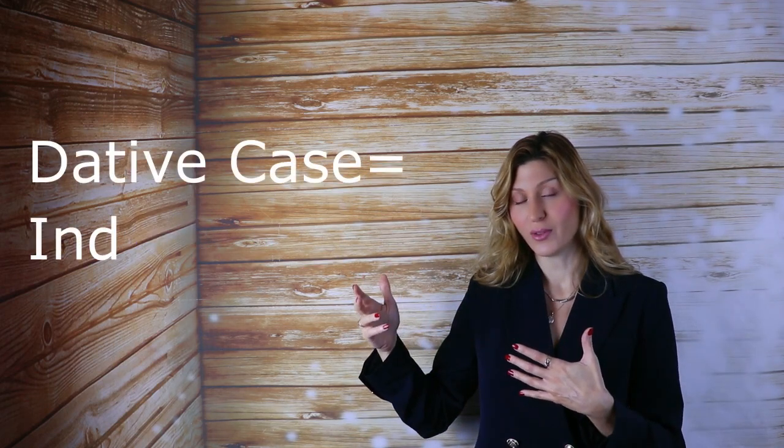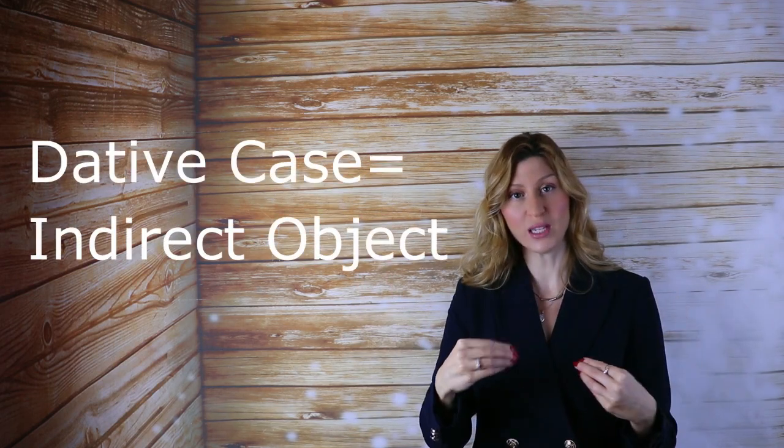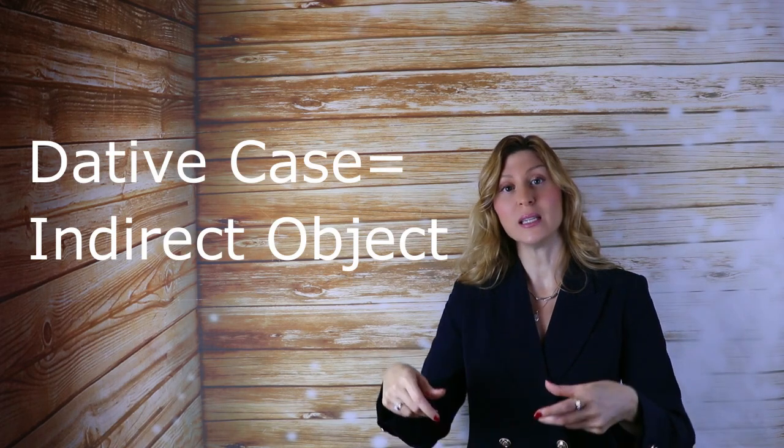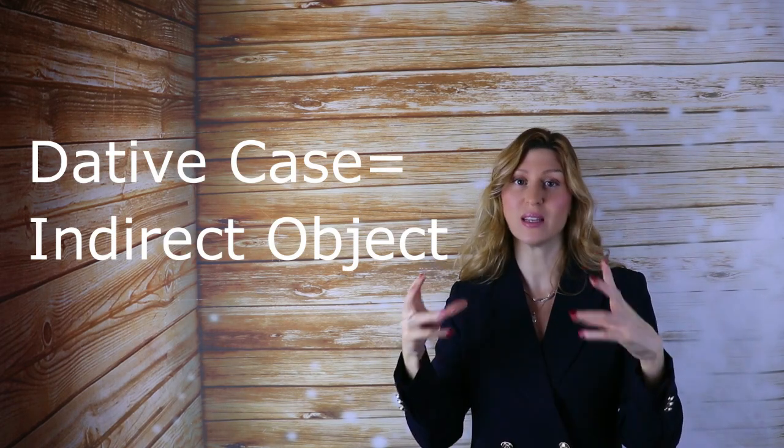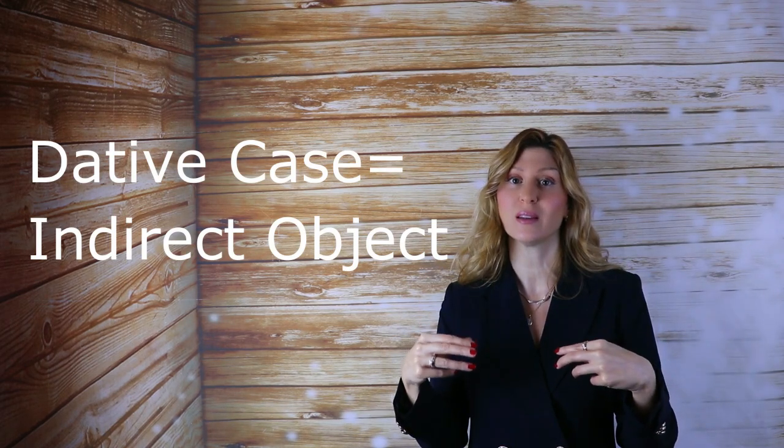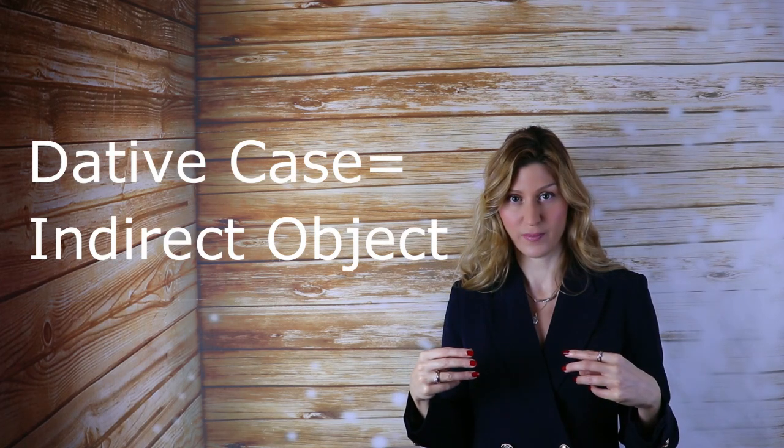Dative is the indirect object of a sentence. It is the recipient. It receives an action from the direct object. Apart from that, it has many more side jobs.